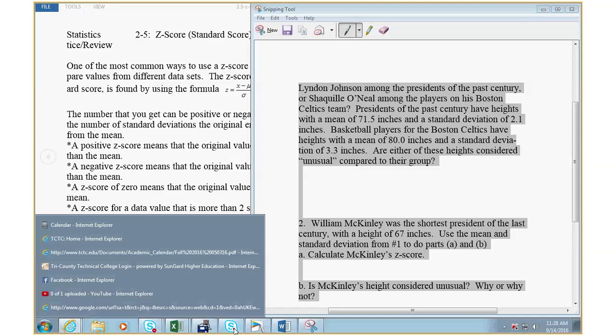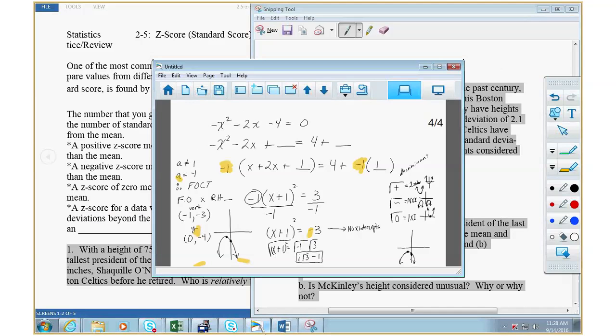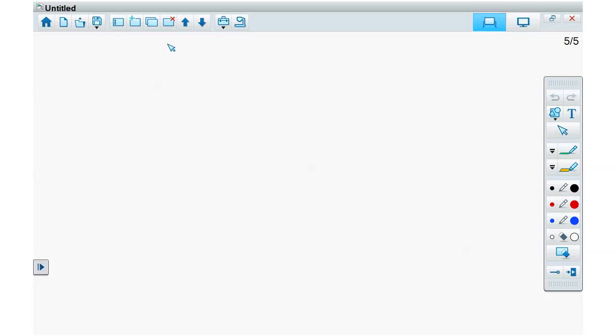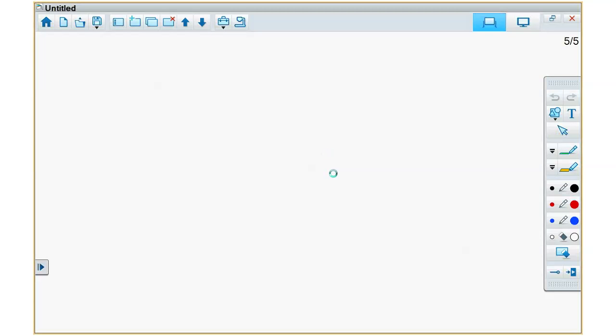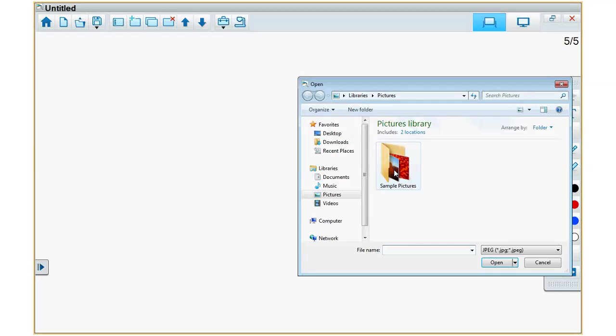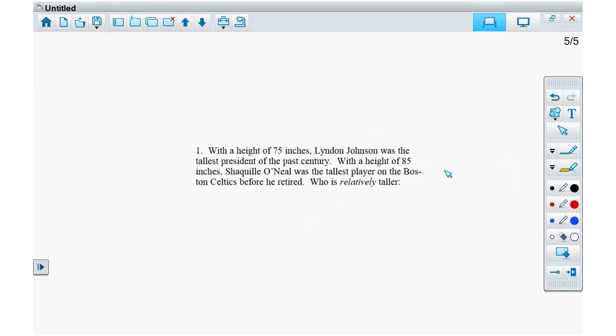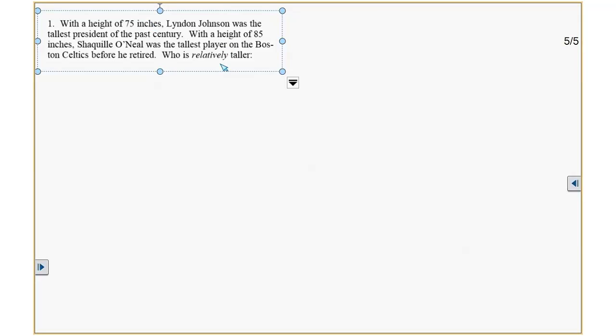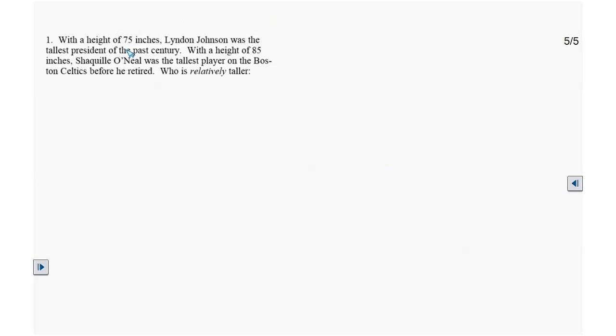And pull up my hand again to whiteboard. Z-scores are used when you compare apples to what? Oranges. In other words, the question here basically says who's taller.